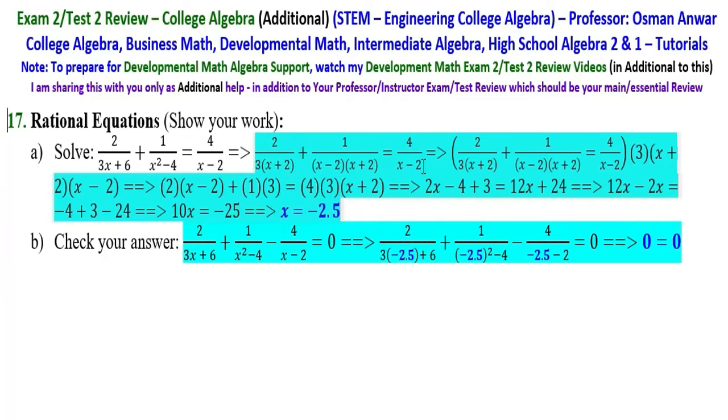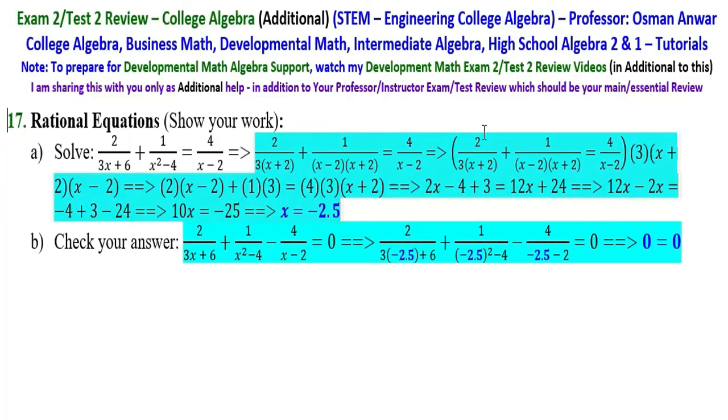Now the lowest common denominator is 3 times x plus 2 times x minus 2. Multiply both sides by 3 times x plus 2 times x minus 2.